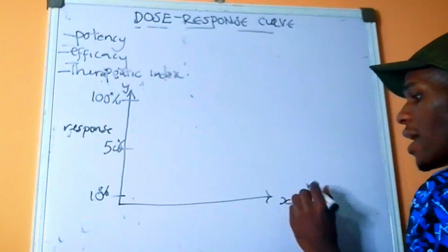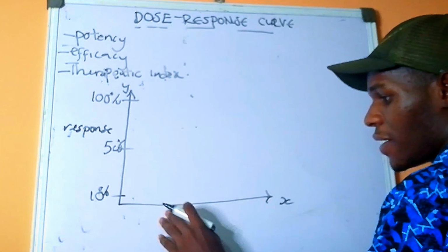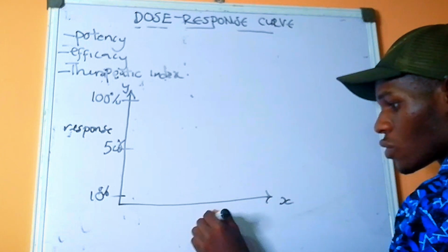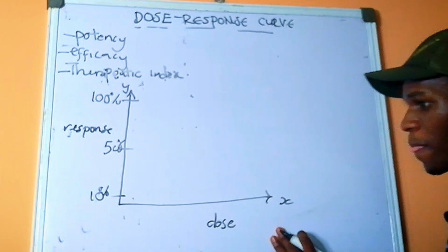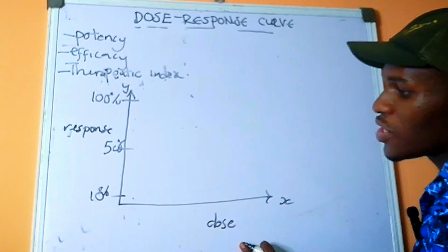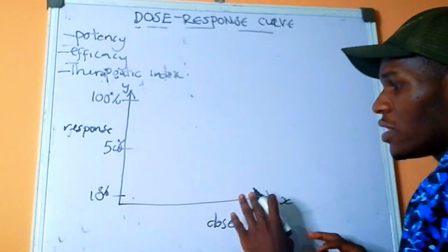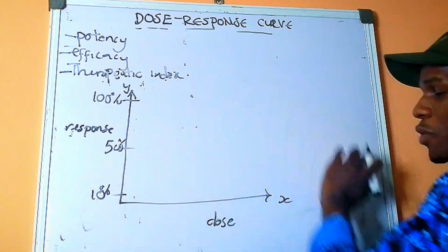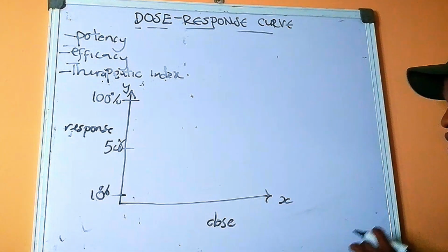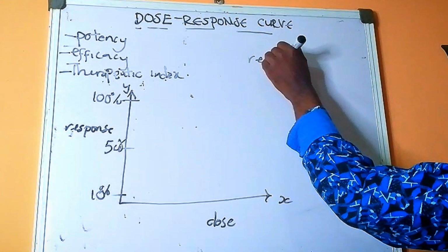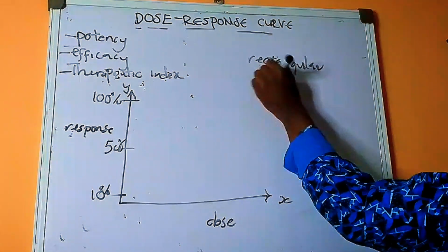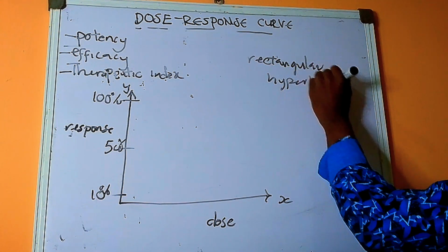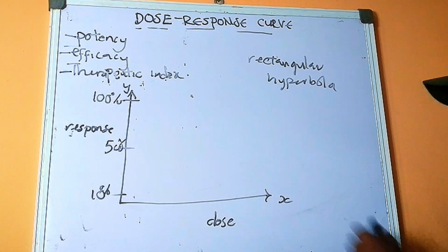And for my x-axis, I have my dose of drug here. Now, if I'm going to plot this graph, in the normal dose response curve, it's going to give me a rectangular hyperbola shape.